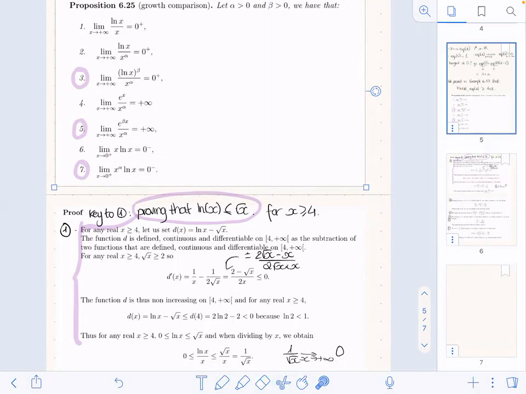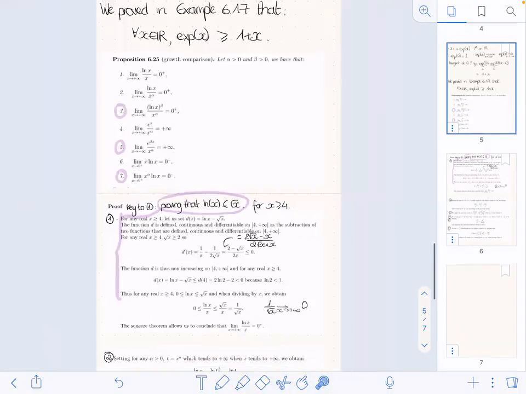The exponential is stronger than polynomials at plus infinity, and the logarithm is stronger than polynomials at 0 plus. By stronger, you know that it's the function that takes over at plus infinity or at the limit, here 0 plus. So those are some new, very useful properties that you're expected to know going forward.